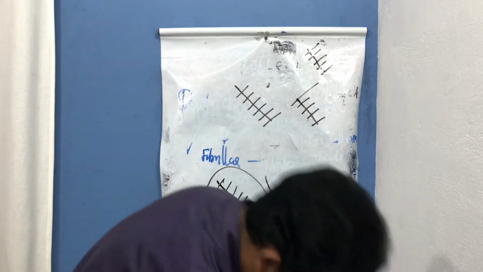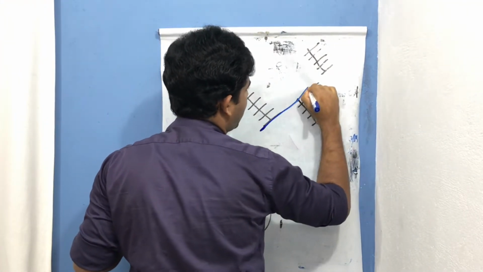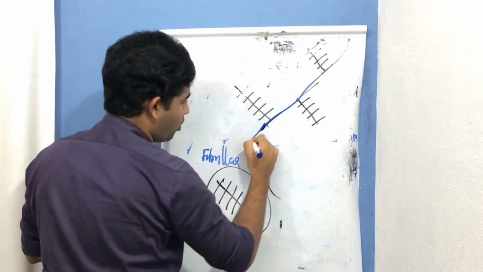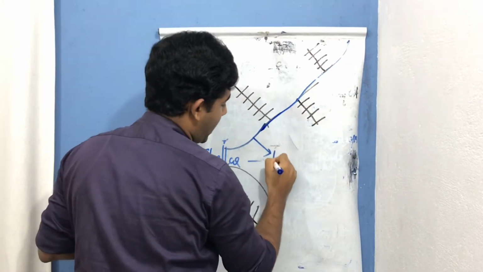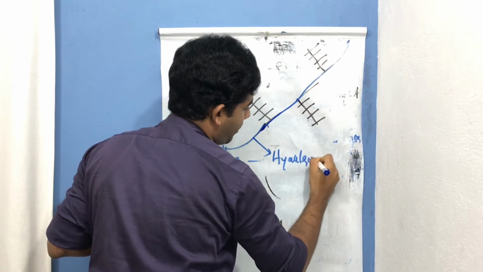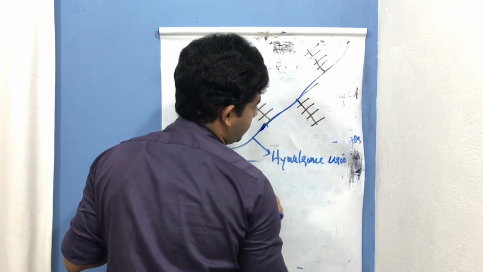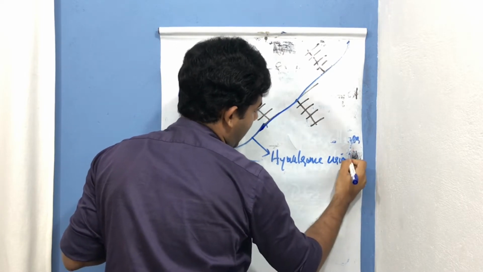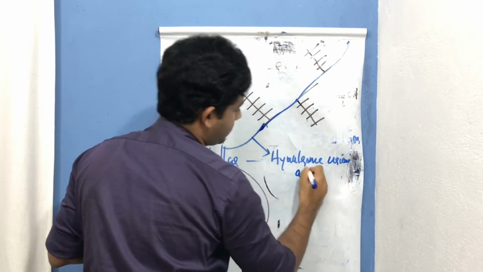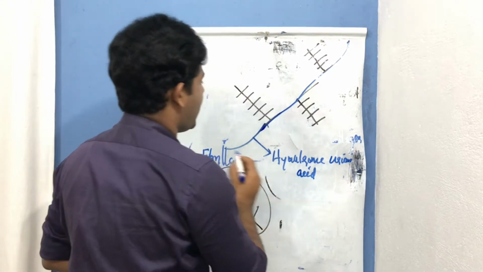And how we see it is, this is usually attached to a backbone. That backbone is made up of hyaluronic acid. Okay? HA, that is the hyaluronic acid.